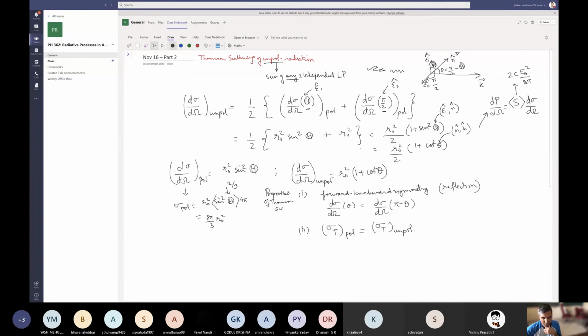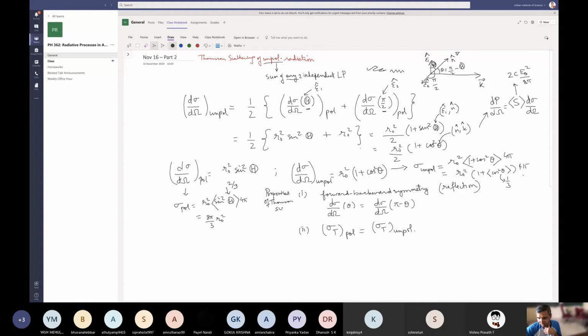What about unpolarized? σ unpolarized is equal to r0 squared by 2 times (1 plus cos squared theta) times 4π. And what is the average of cos squared theta? It's 1/3.